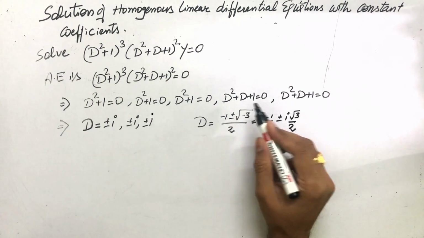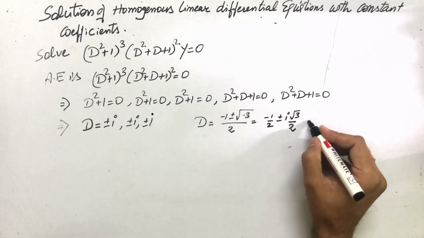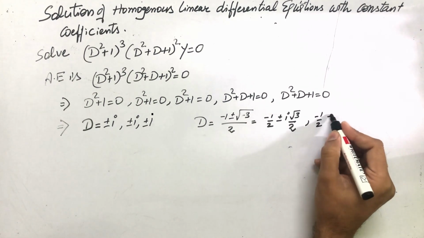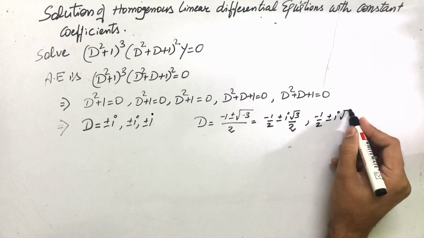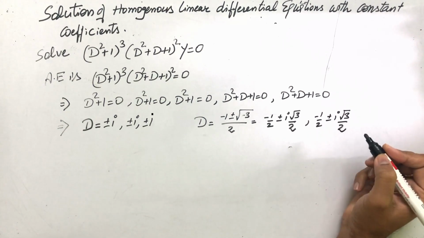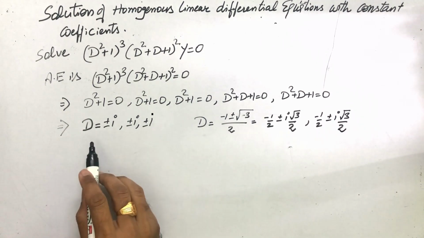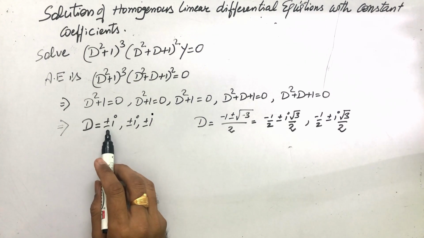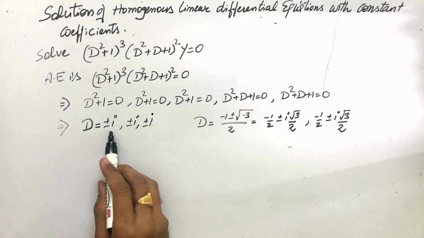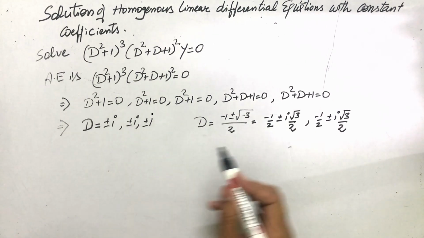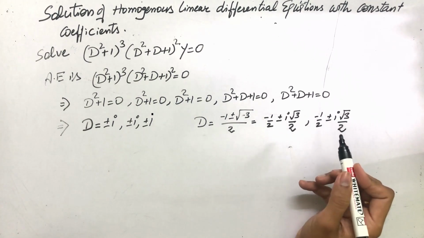And it will appear twice. Minus 1 by 2 plus minus iota root 3 by 2. So how many solutions do we have? We have 3 pairs of complex roots here and 2 pairs of complex roots here.